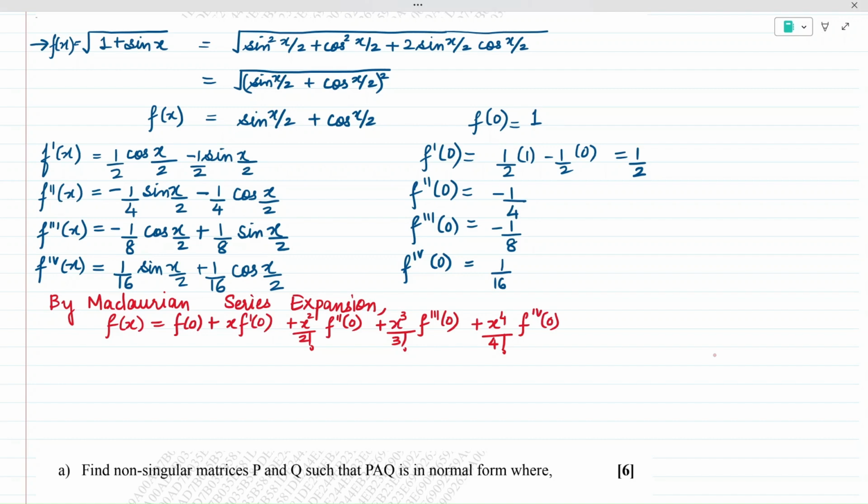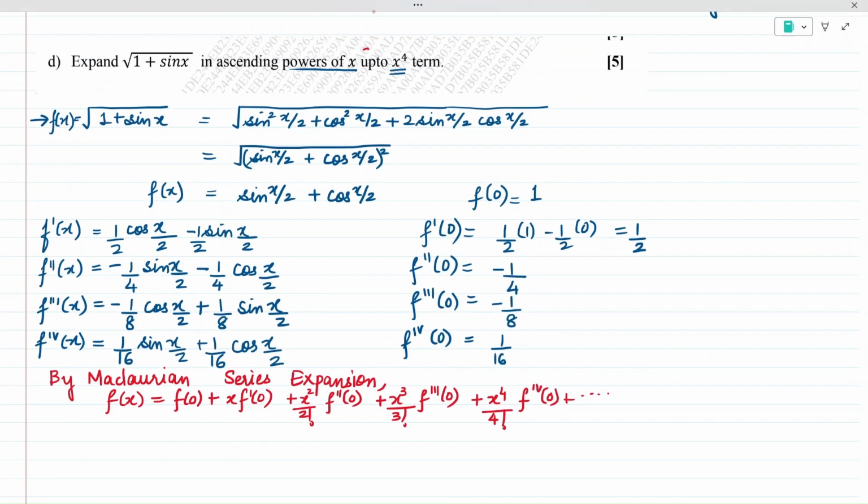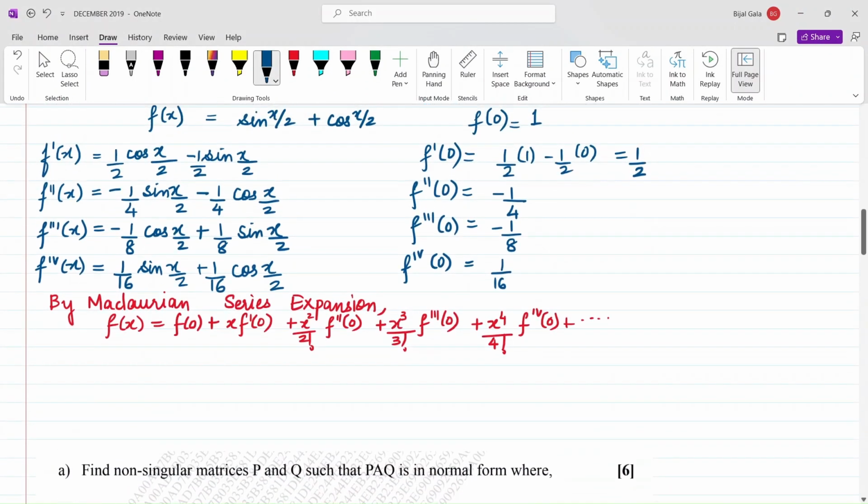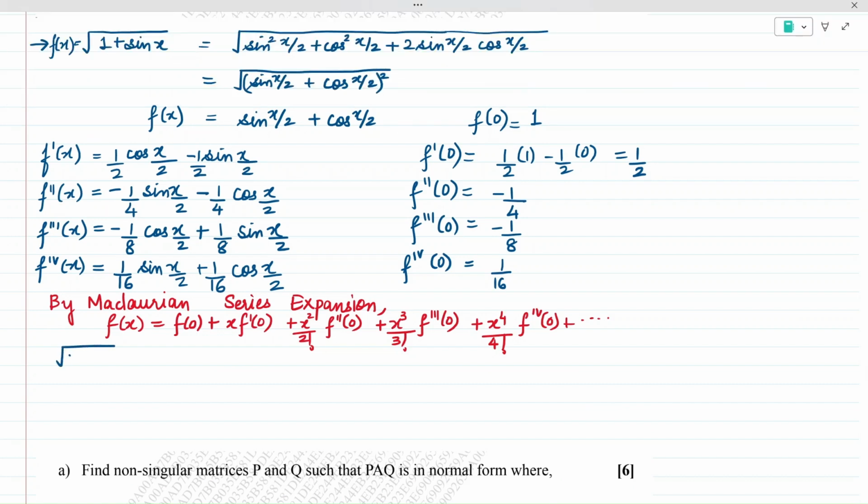And you know, Maclaurin series actually continues to infinity, but because our question is asking up to x raised to 4, the question clearly says so, you write terms only up to x raised to 4. Okay, so let's substitute the values. So in place of f of x, our question was root of 1 plus sin x, which we had to expand, right? f of 0 we have calculated as 1.